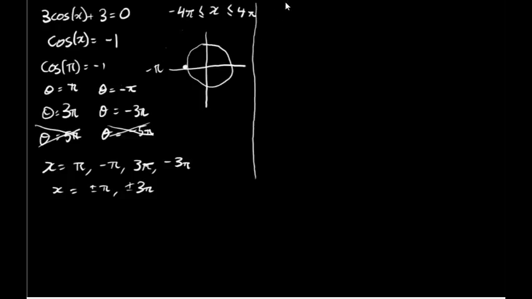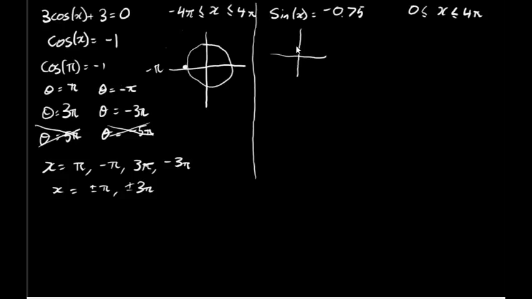So solving to 2 decimal places, we've got sine of x is equal to minus 0.75 for values of x between 0 and 4 pi. So we don't need to rearrange it because we've already got sine of x equals something.